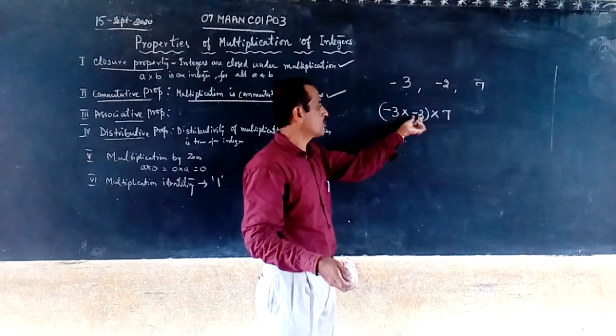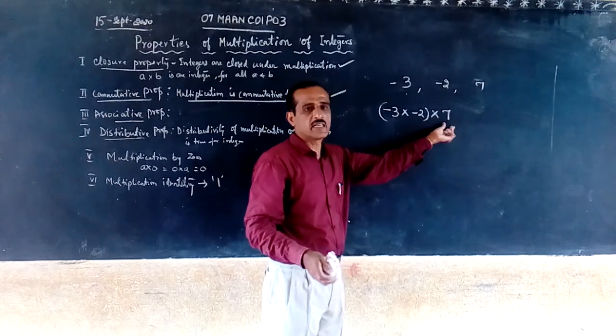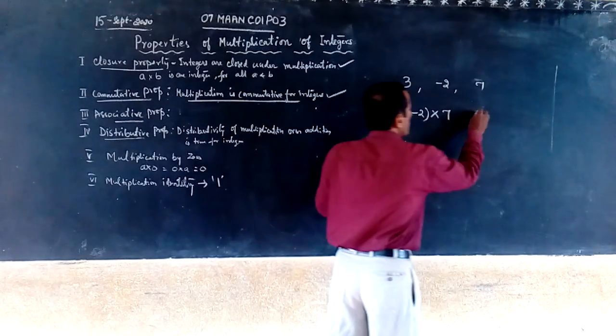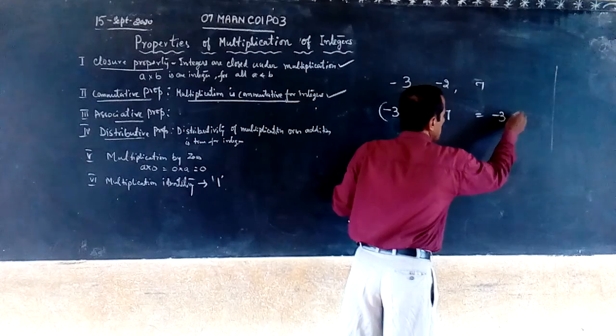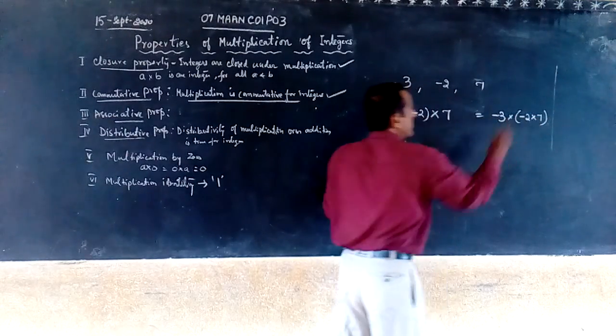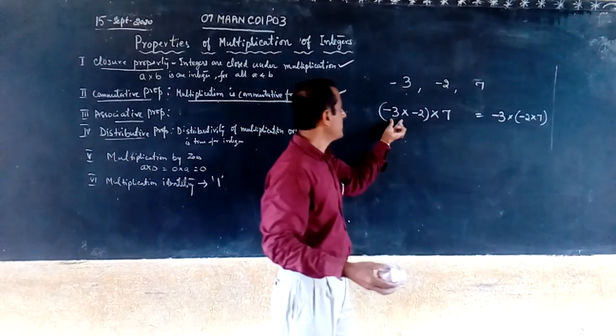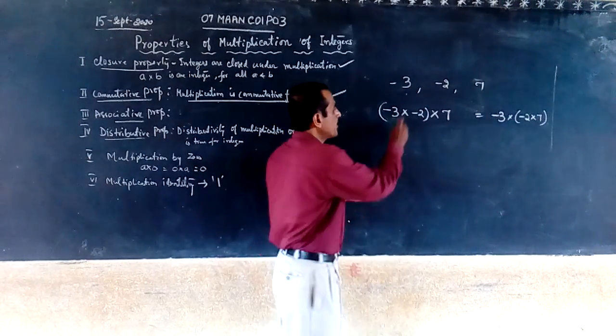Minus 3 into minus 2: first two numbers are multiplied, and the product is multiplied with the other number, 7. Now here, the next two numbers are written in the bracket. You have to find the product of minus 2 and 7, and here you have to find the product of minus 3 and minus 2. What is the product of this?